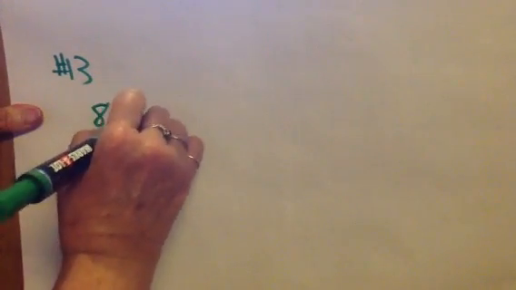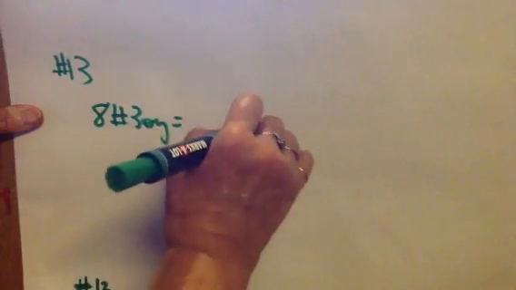Okay, number 13. We're wanting to know the percent of weight loss that this baby has had. So it weighed 8 pounds 3 ounces at birth. So we want to change the 8 pounds 3 ounces to just ounces.